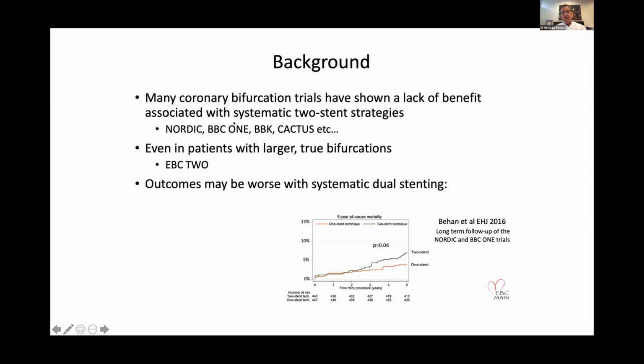We have a lot of randomized studies not supporting systematic double stenting, even in larger bifurcations, according to data from the EBC II trial. And we even have some signals that a systematic two-stent approach may be associated with increased mortality.